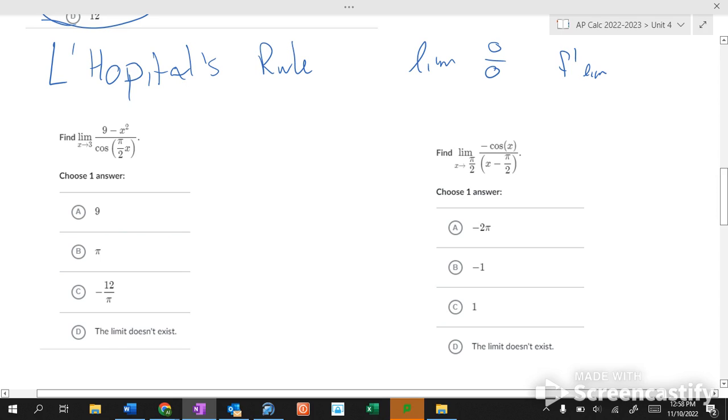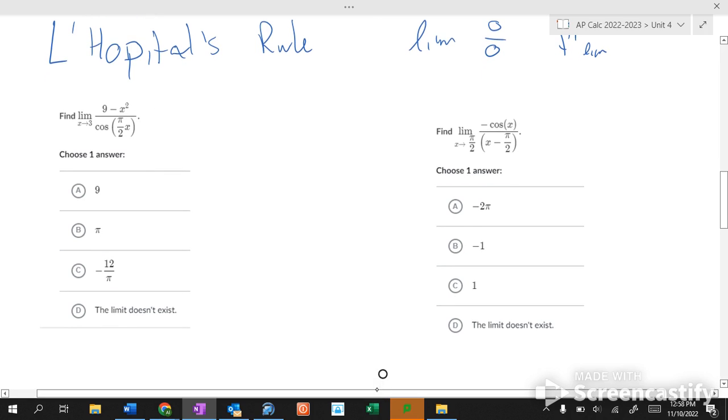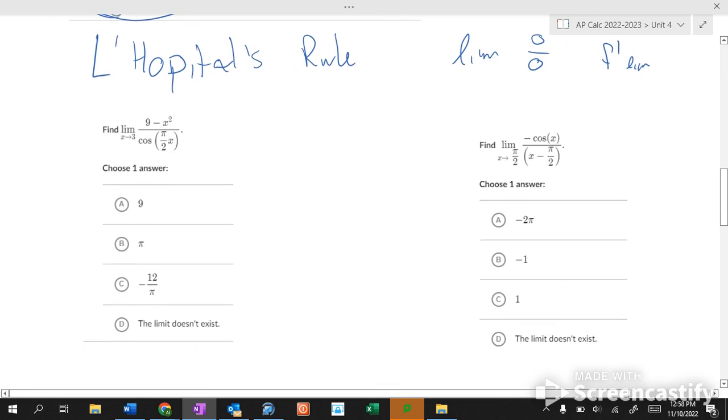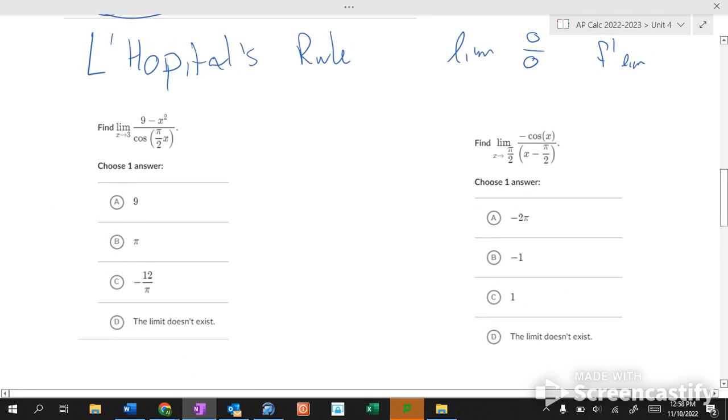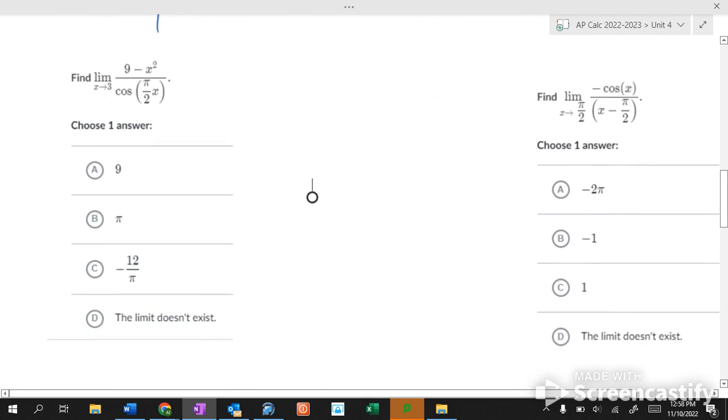First derivative on the top, first derivative on the bottom. So this one, what's the first derivative of the numerator? -2x. Because if we stick a 3 in, we get 0 over 0. Did everybody trust me on that? Yeah. Okay, so the numerator is -2x.